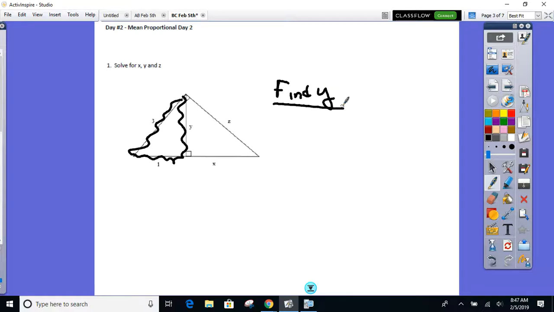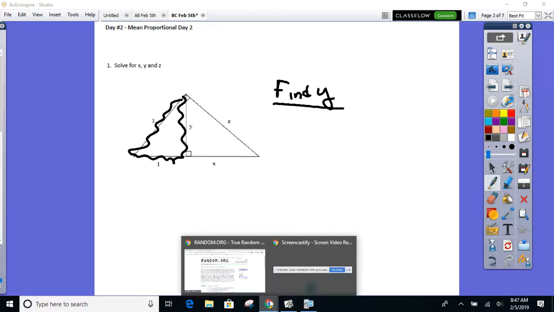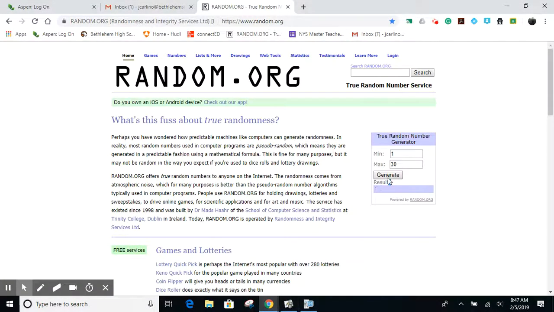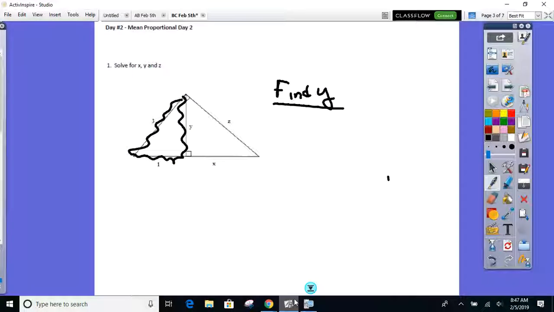Here we go. So I need somebody to set up what Pythag would look like on this right triangle right now. Let's roll. 14. What's it going to look like? Okay, y squared plus 1 squared equals 3 squared. Got it? You guys can go ahead, do the algebra, get the y by itself, and we're leaving it in radical form.